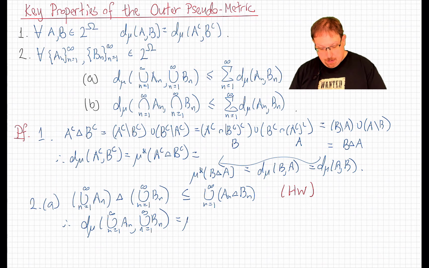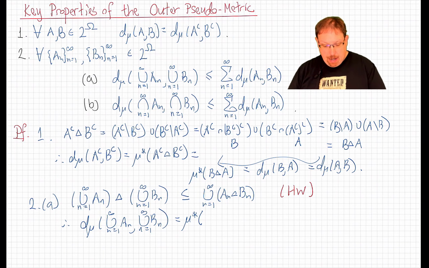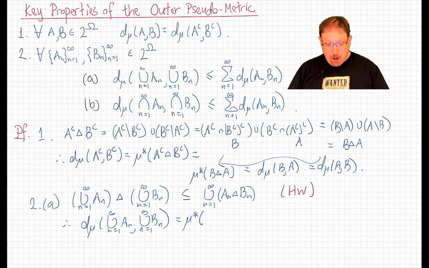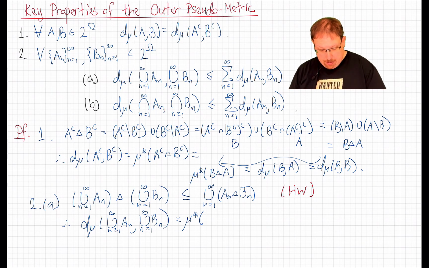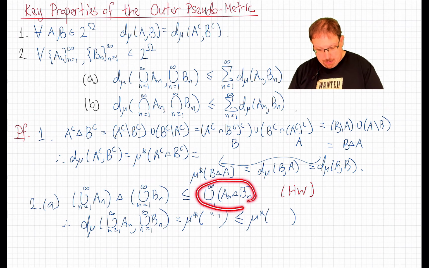Well, that's the outer measure of this symmetric difference. The symmetric difference is contained in the union, and outer measures are monotone. And so we get that this will be less than or equal to the outer measure of this set.